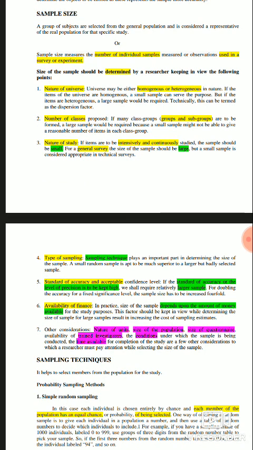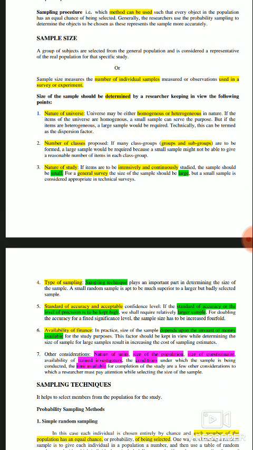Next we discuss the second topic, sample size. As I told already, sample size is the number of people taken from the population as a sample.